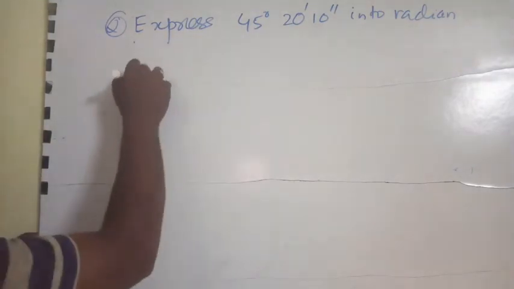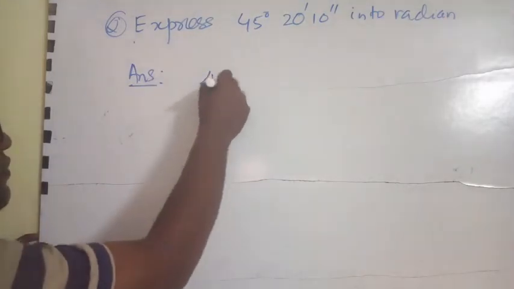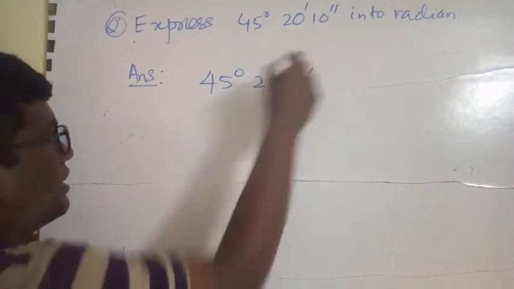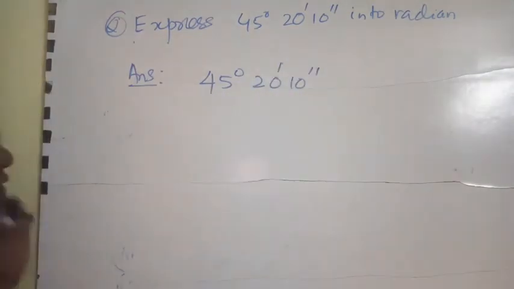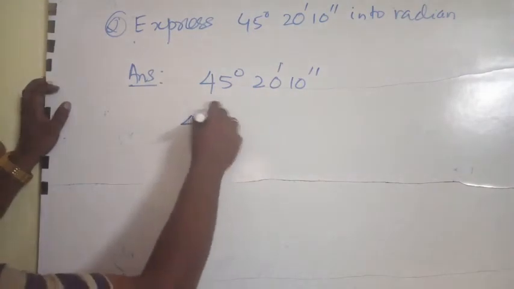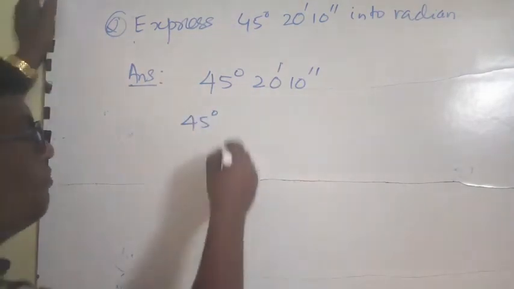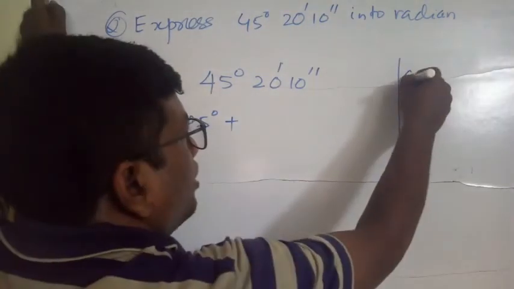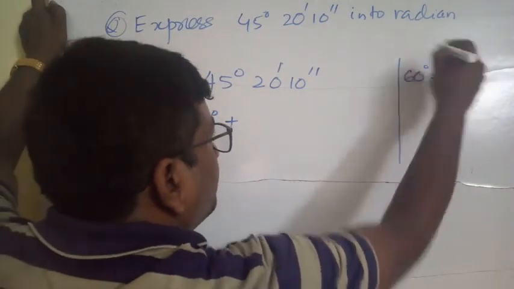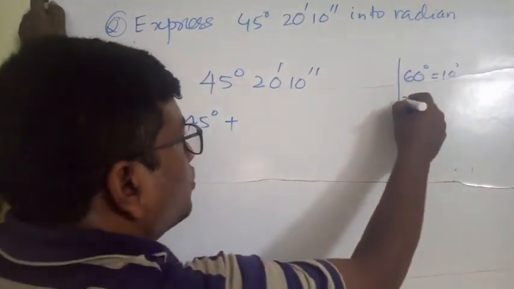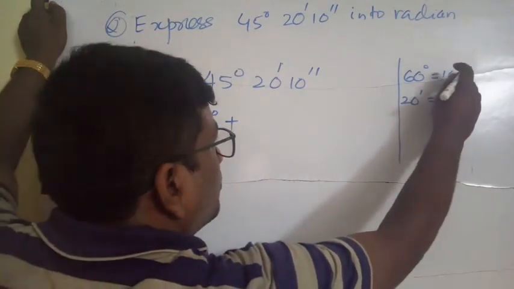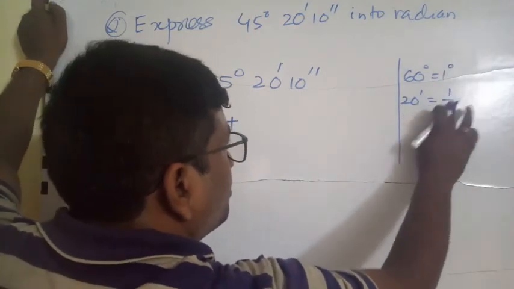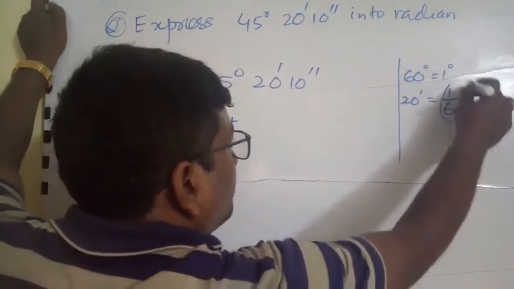Solution. To answer here, 45 degree 20 minute 10 seconds. Here 45 degree plus, we know 60 minute is equal to 1 degree. So 20 minute is equal to 1 by 60 degree.